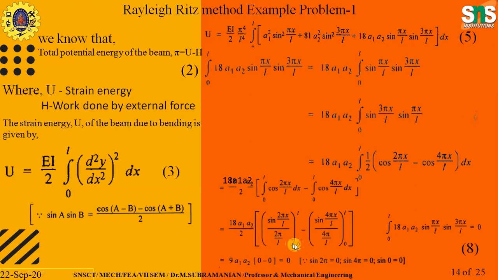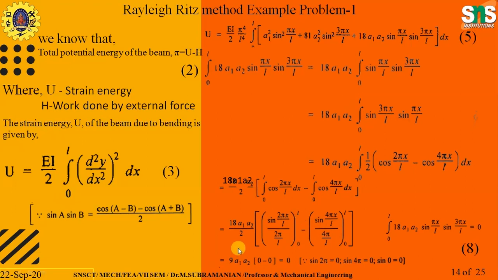The integration of cos is sin(2 pi x divided by L) divided by 2 pi divided by L, minus the corresponding term for 4 pi.